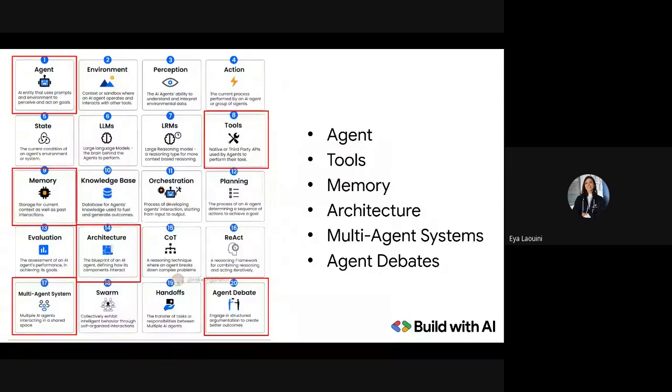Each agent will try to give his maximum performance to achieve that goal and ensure better outcomes. You can learn more about those agent terminologies. Inshallah, at the end of the session, I will share with you some helpful resources. You can read and check them.